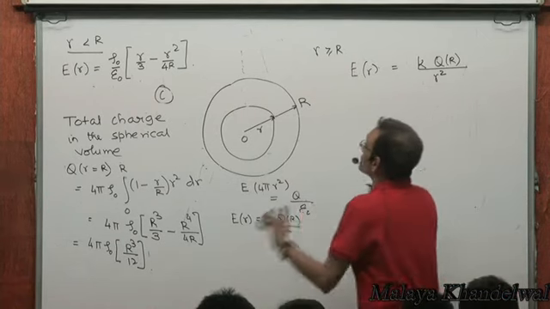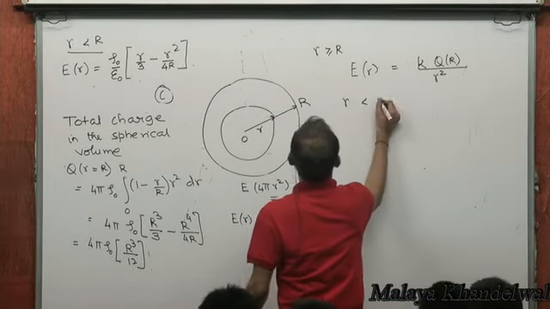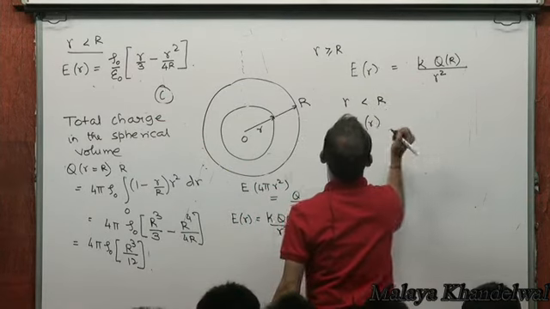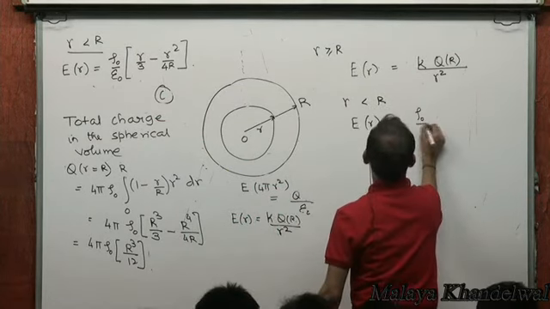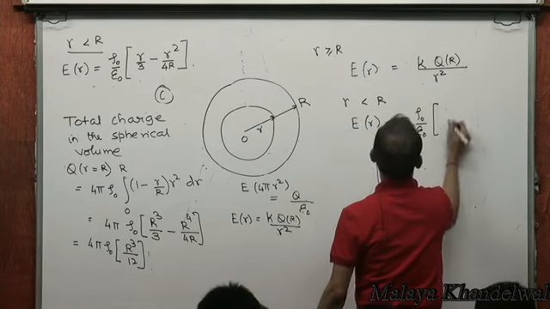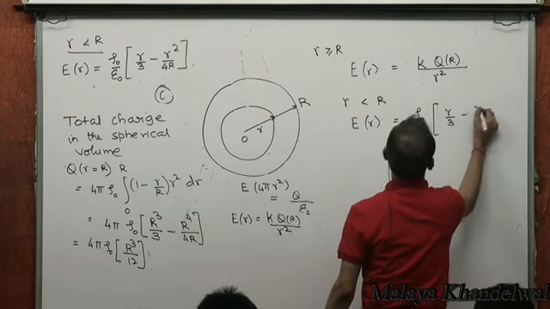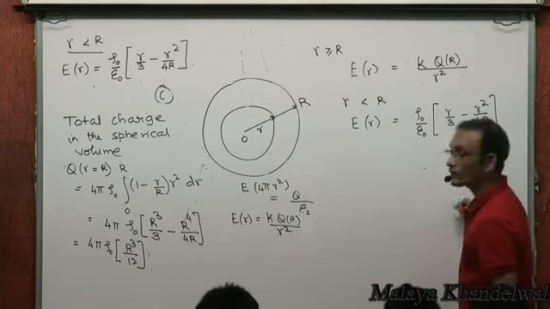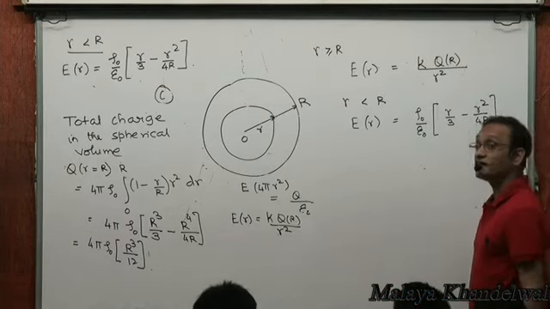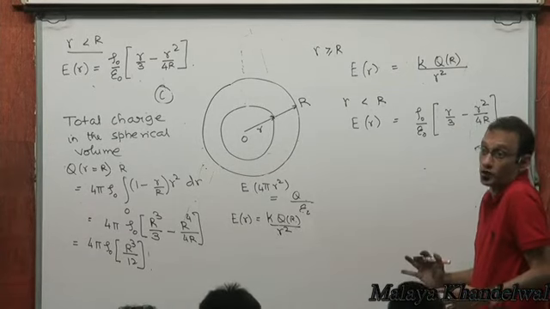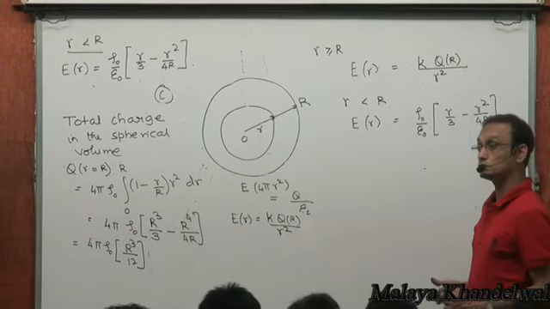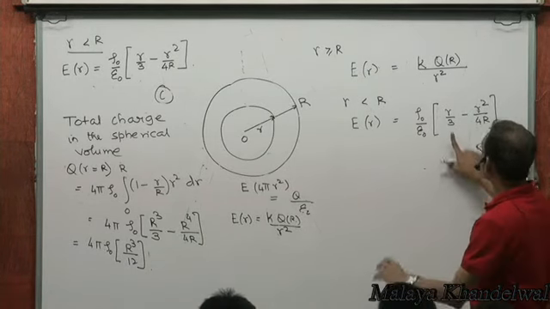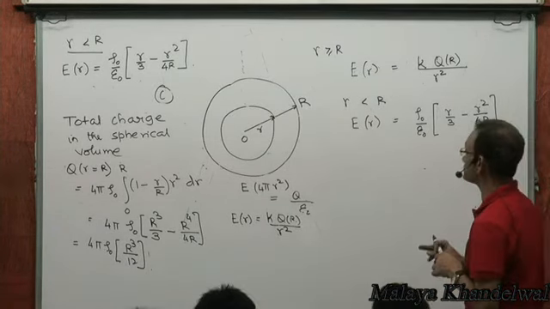Now inside the region, for small r less than R, this is how electric field varies: rho naught by epsilon naught into r by 3 minus r squared by 4R, right? Now check this out. Inside the region, how does it vary? Let me draw a graph of this.